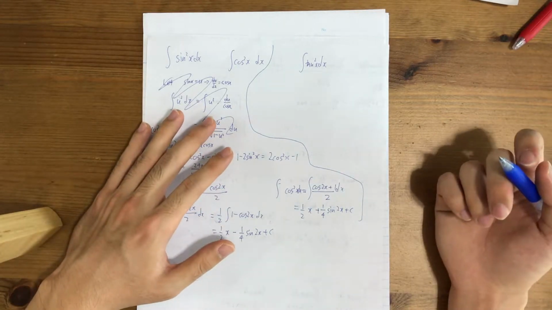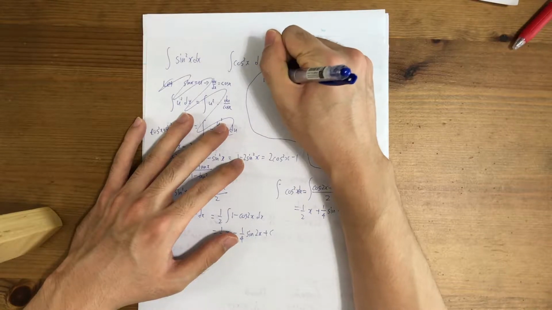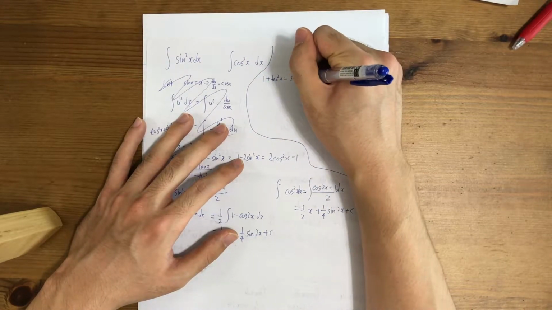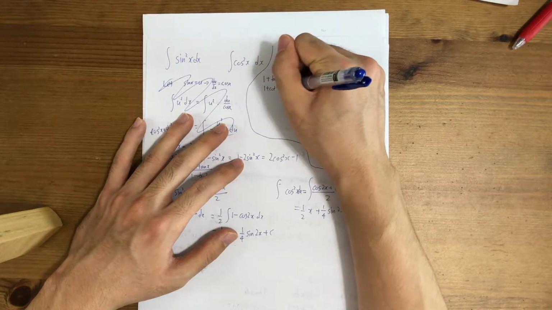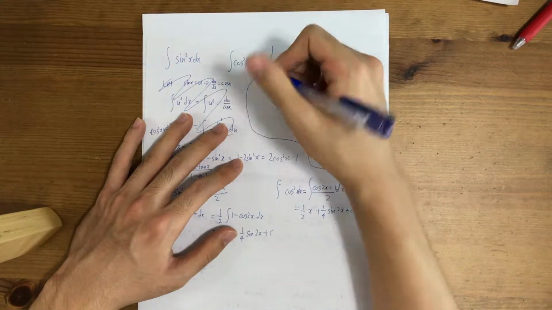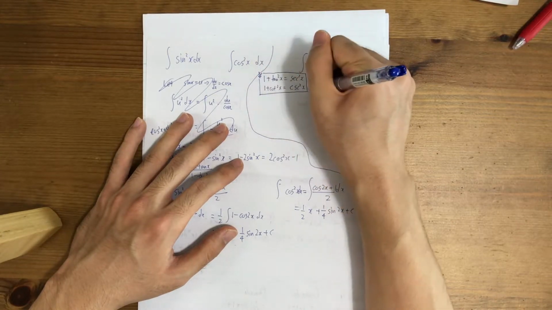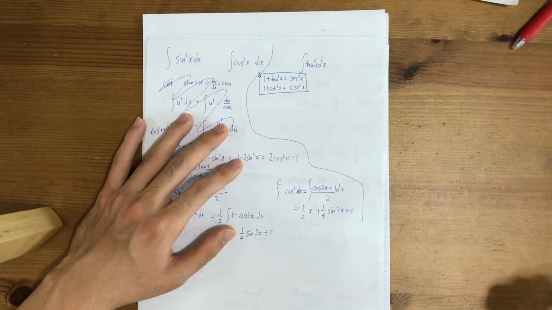So we use trigonometric identity again. 1 plus tangent squared equals secant squared, and 1 plus cotangent squared equals cosecant squared. And please remember these two identities because they're going to be very useful, not only in integration but also in complex numbers later.